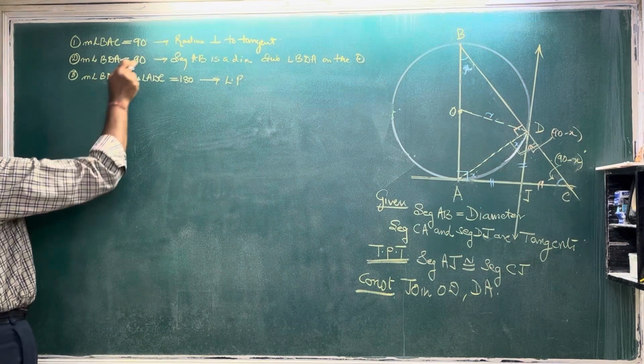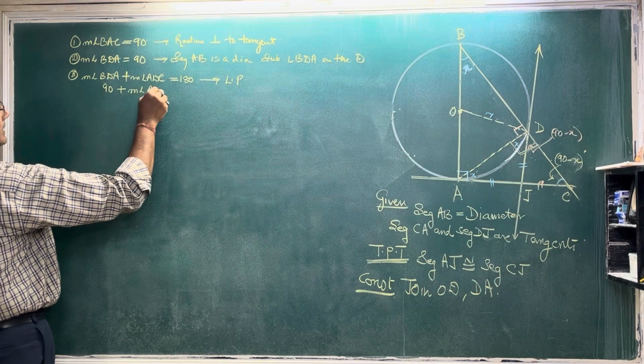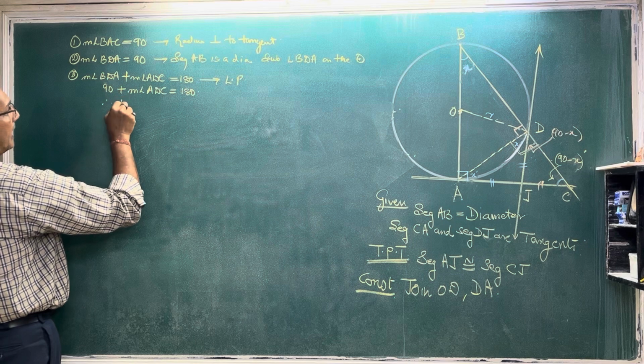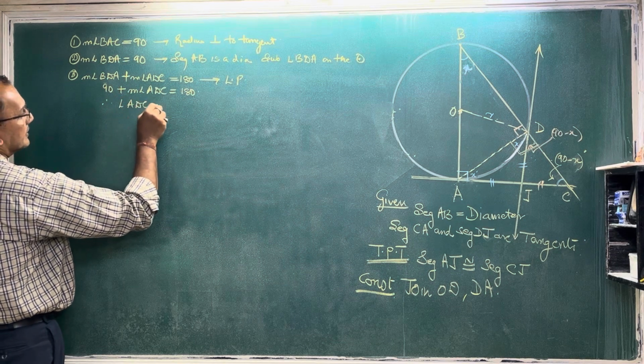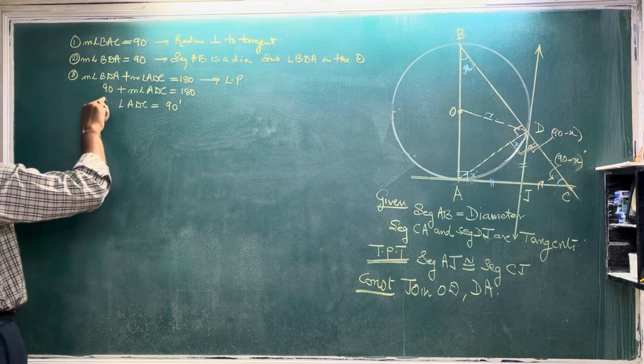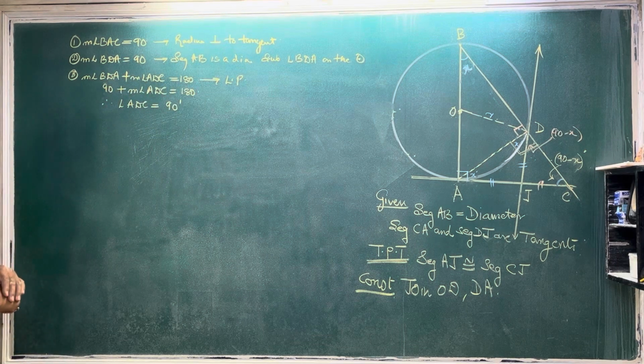Out of this, BDA is 90. 90 plus measure angle ADC is equal to 180. Therefore, angle ADC is equal to 90 degrees, because 180 minus 90 gives angle ADC equal to 90.